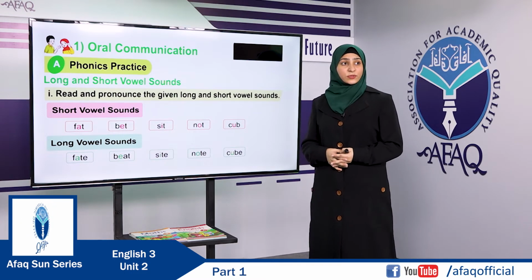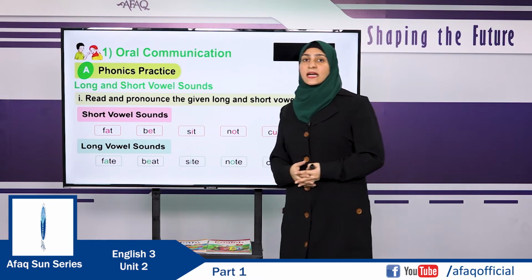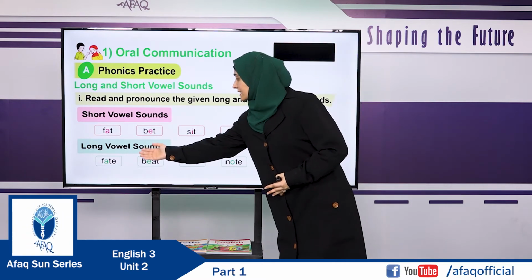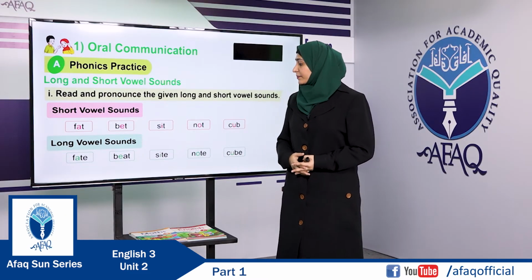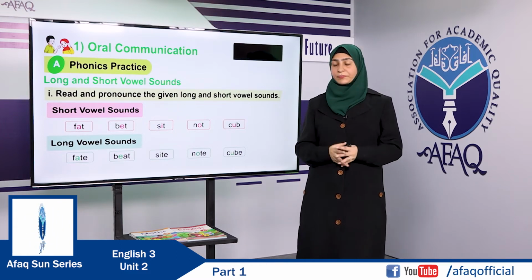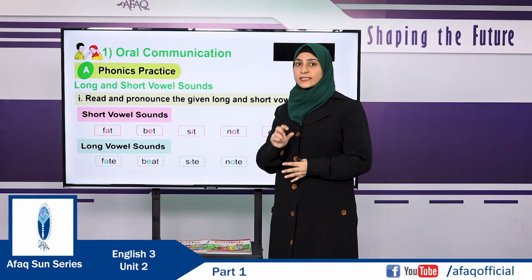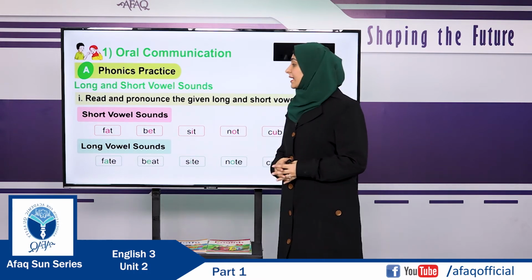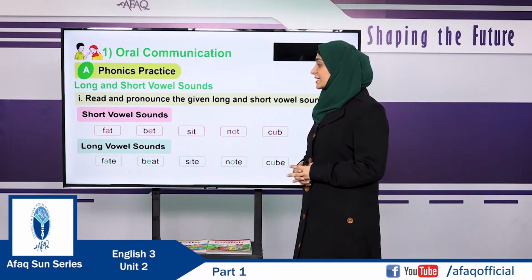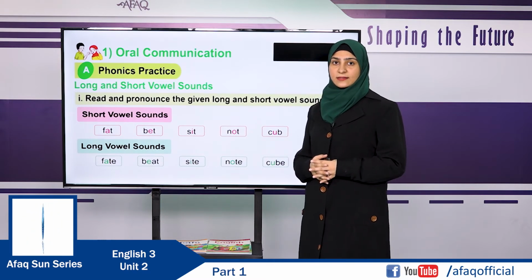So, let's practice with me what makes a vowel sound short and what makes a vowel sound long. Whenever we use E with the vowel, it makes the sound long. Like FAT, fat. It makes a short sound of A. And when we use E at the end of the word, FATE, it makes a long sound of A, fate.